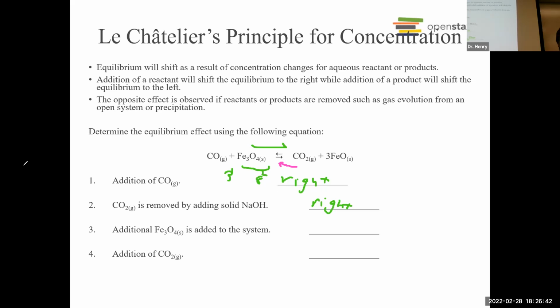okay, we'll use pink. Okay, so if I add more, the addition of iron oxide to the system, we're adding more. Now, look at the state. What is the rule about the state?